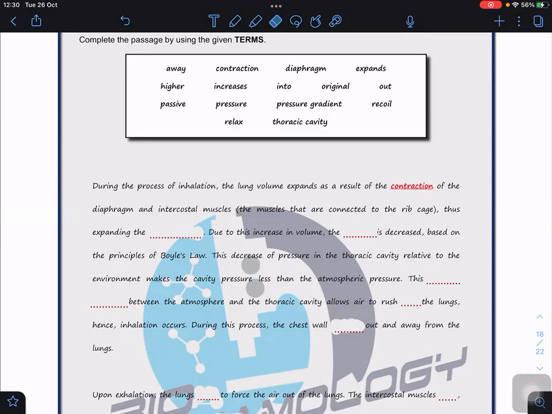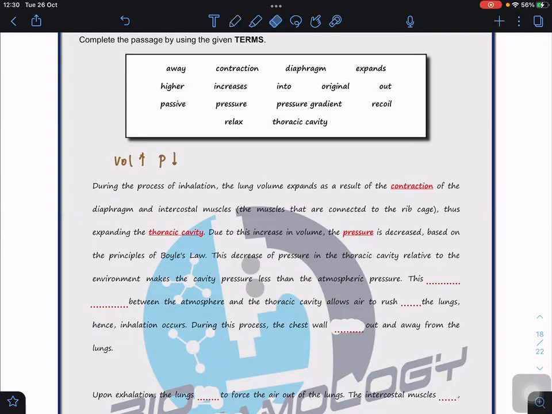It's not really the diaphragm contracting, but the muscle that controls the diaphragm contracts, and also the intercostal muscle. When these two contract, the thoracic cavity expands. Due to this increase in volume, the pressure now decreases. Always remember, when volume increases, pressure decreases.